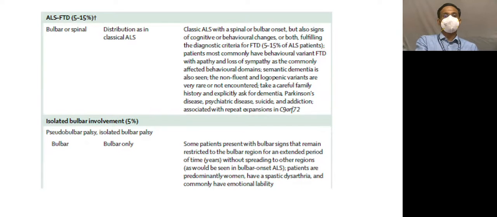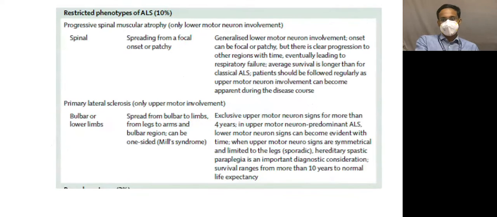Because they are upper motor neuron more, there is no further progression to the other limbs. They tend to have a little better prognosis as compared to the other ones which progress. And there are very restricted forms which, like I told you, remain only LMN, these are rarer variants, like progressive muscular atrophy, the only LMN variants, and the only upper motor neuron variants. We do not call them that early because sometimes it's a disease in evolution.